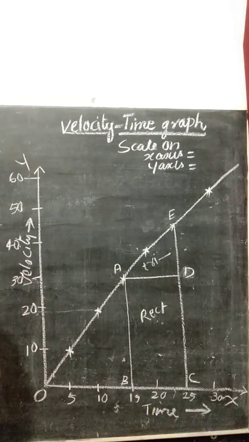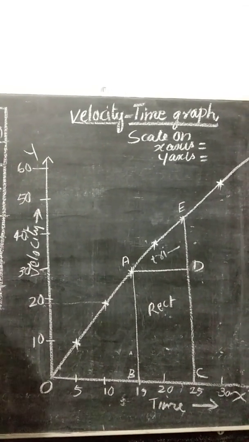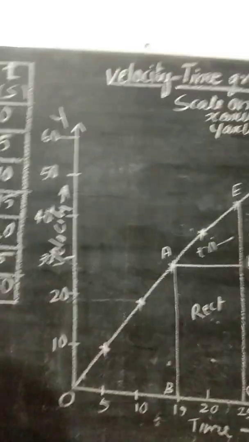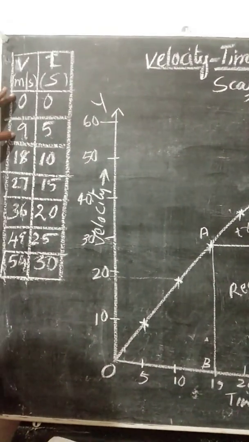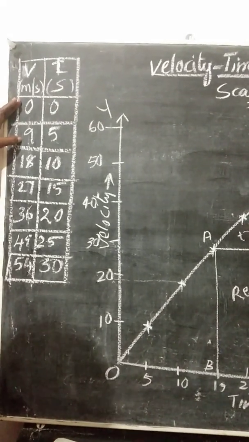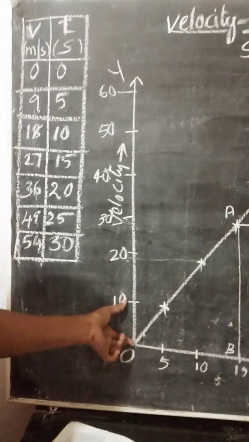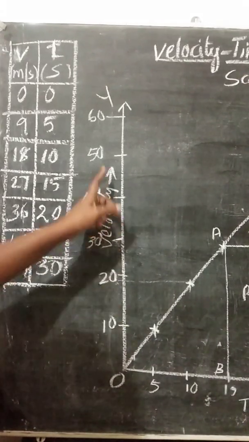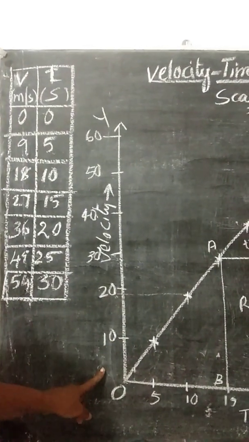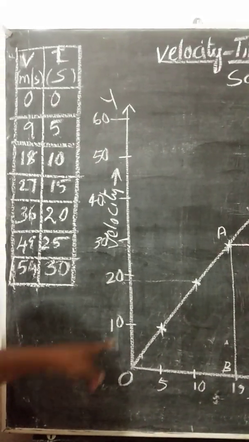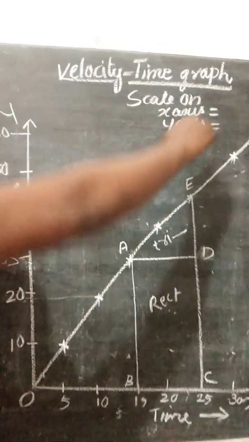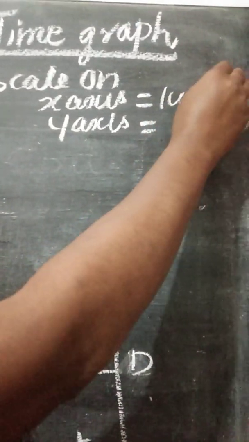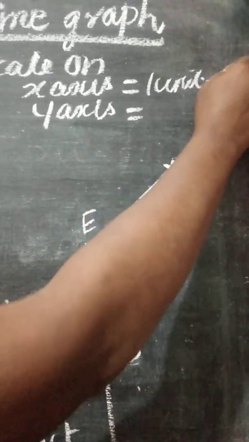You could take the readings as the scale, but it is quite difficult to find the value of each small division when 1 unit is equal to 9 meters per second along the y-axis. So to make the calculation simple, we can set the scale as 1 unit equal to 10 meters per second on the y-axis. On the x-axis, 1 unit is equal to 5 seconds.